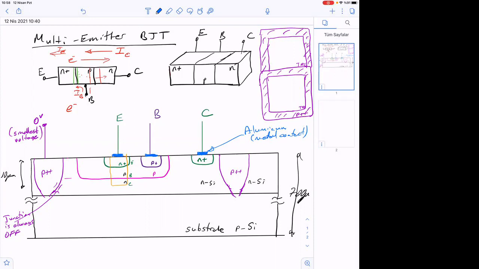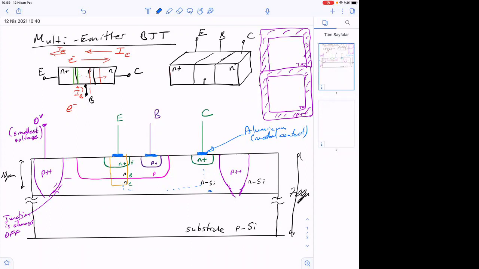So N+ makes a connection here, and then you have the current coming all the way here, and that's going to be your device. But this region is lightly doped, and therefore the collector resistance is typically not that small. So they do a trick here.